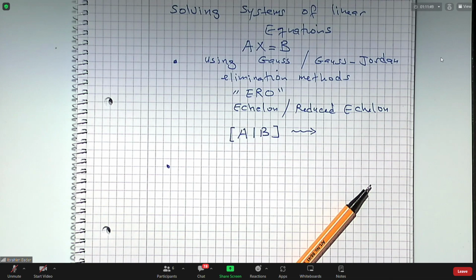So whenever you are using this method, maybe carry out each step on a separate paper, as I advised you, just to avoid any problems with calculations. So maybe you keep a scratch paper on the side for carrying out these steps.